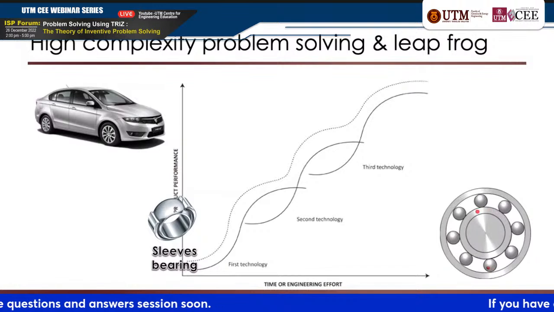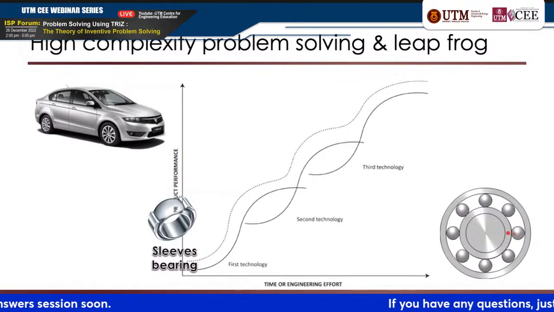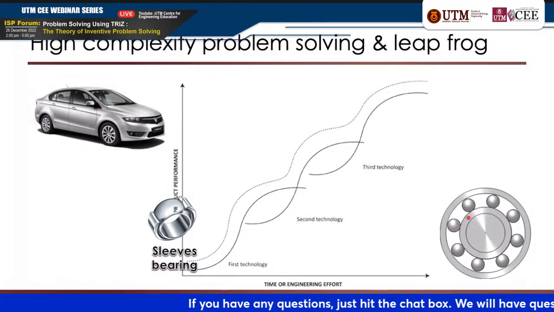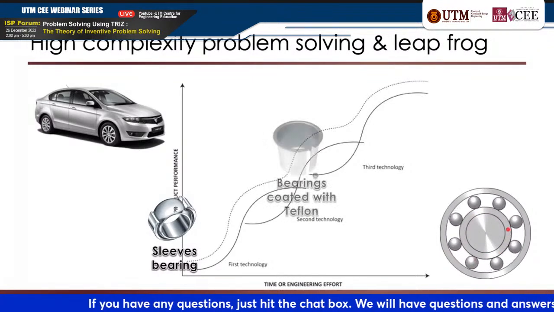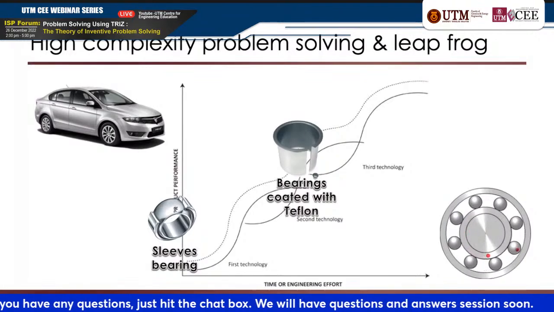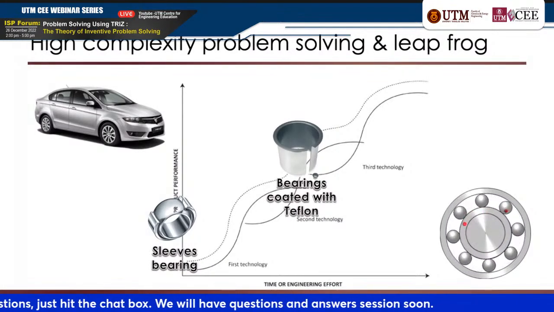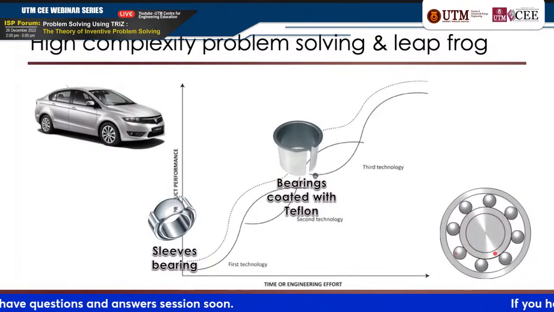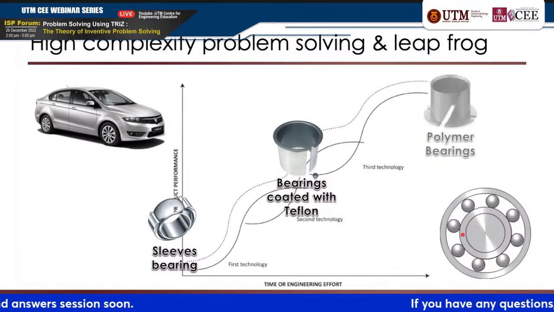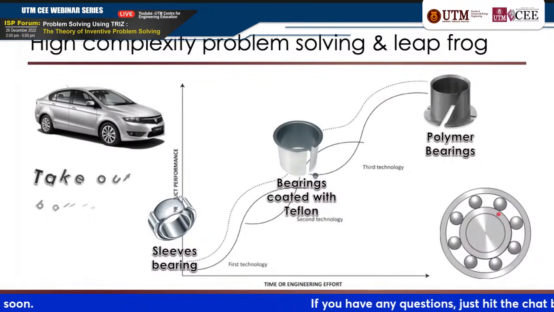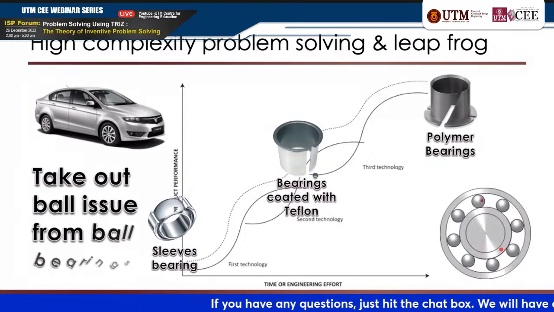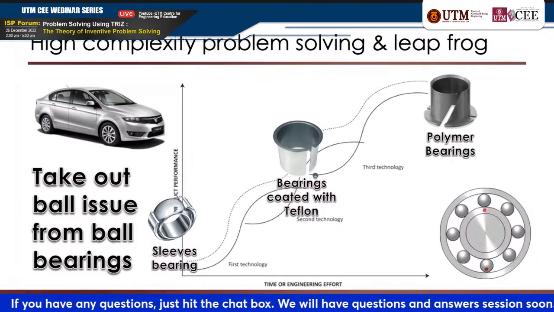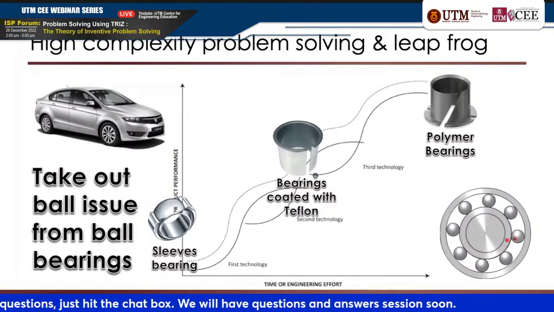So we tried to make the system without the ball bearing. It became a sleeve bearing, and then we changed to a bearing coated with Teflon, and eventually it became a polymer bearing. So this is what we have regarding the issue of the bearing.